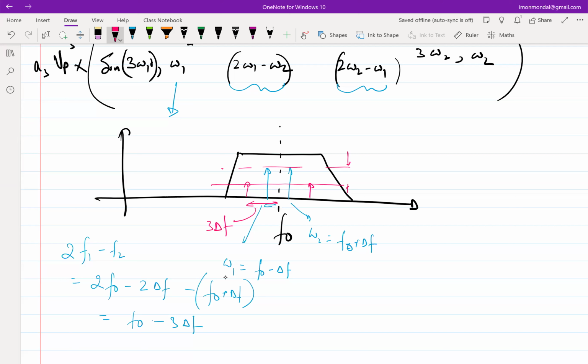Note that if the input amplitude increases by 1 dB, if Vp increases by 1 dB, how much will the blue delta increase by? Yeah, gain is embedded in this case also, right? So let's say gain is there.